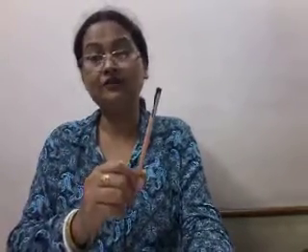Then we use what for things. Suppose I am asking, what is this? This is a pencil. I'll never ask who is this, because I'm talking about a non-living object. So when we are speaking about a non-living object, we use what.